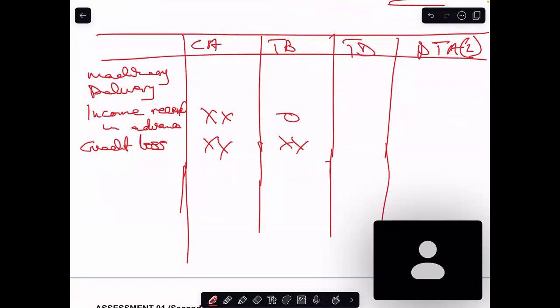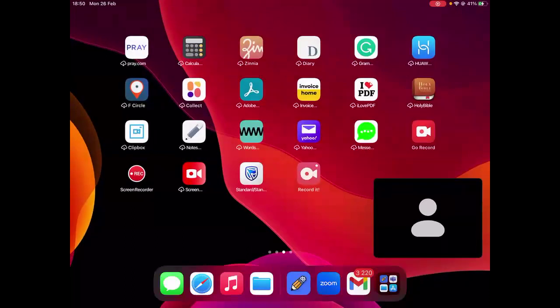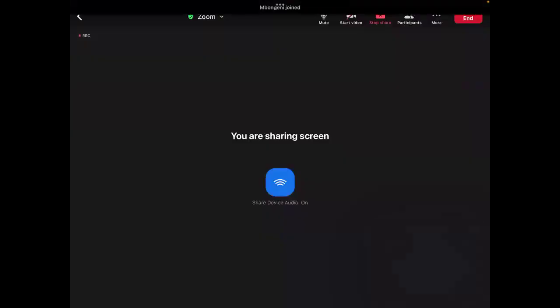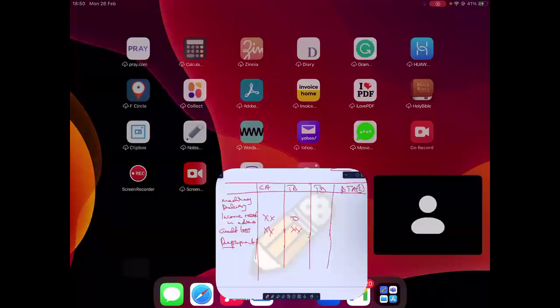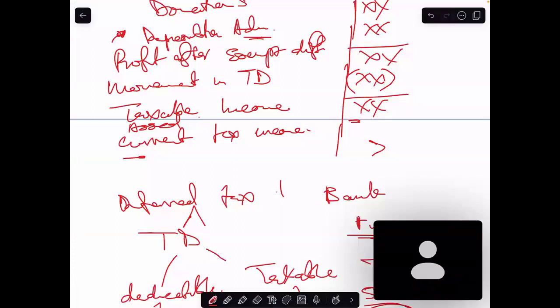What else? Right, we also have a prepayment. Remember, we're talking of a prepaid expense. What's the story when it comes to prepayment? In tax, remember, we have to check whether the prepayment is for a period more than 6 months, or the amount is more than 100,000.